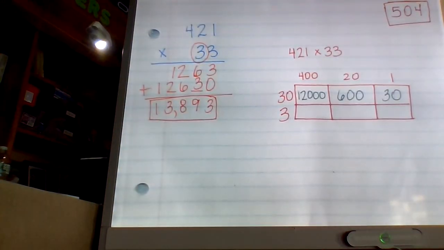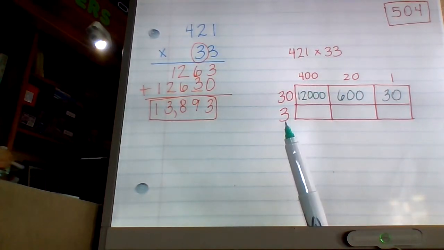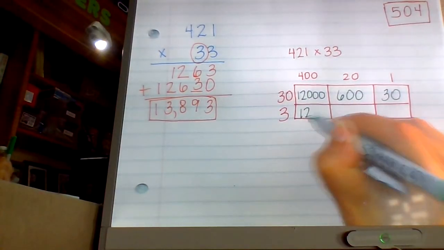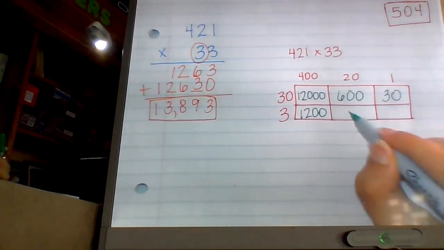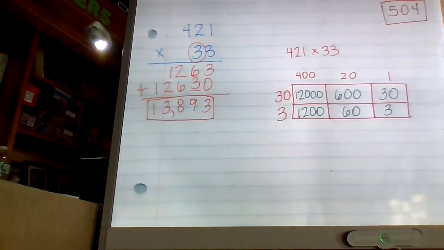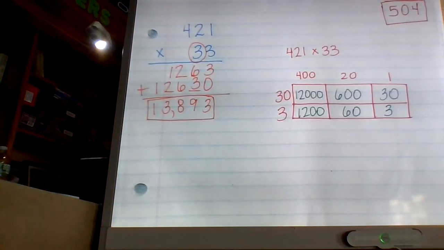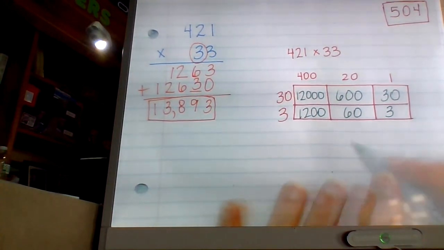Next, I'll multiply 400 groups of 3, that is 1,200. 20 groups of 3 is 60. And 1 group of 3 is 3. Now, in order to find the product, I will find the sum of these numbers.